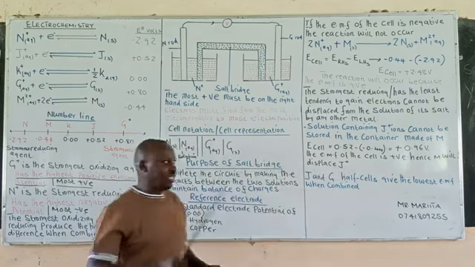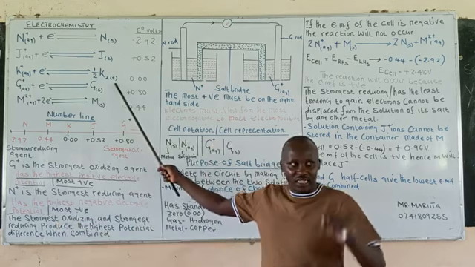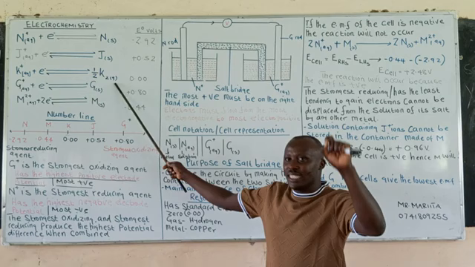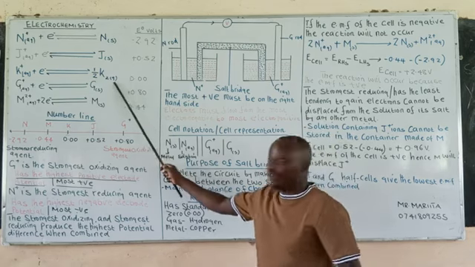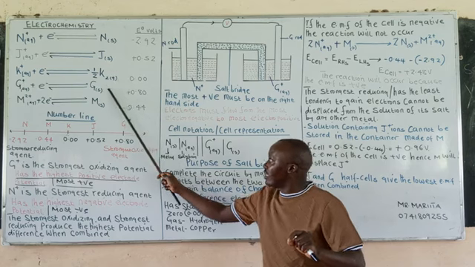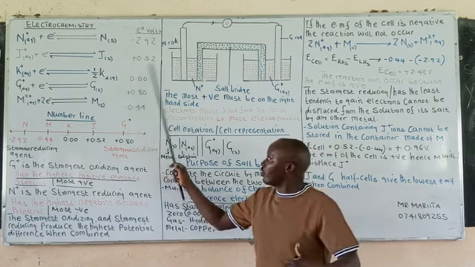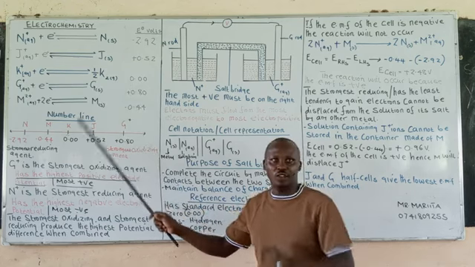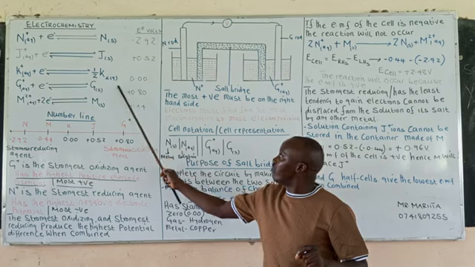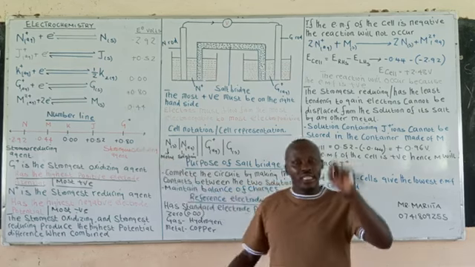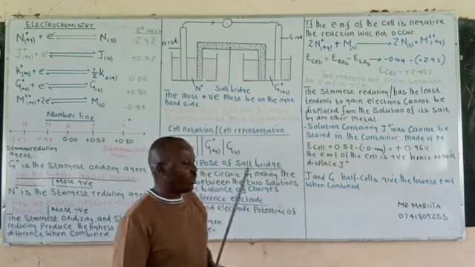Then another very important thing: when you check on this cell, if the state symbol given is a gas, then that element is likely to be hydrogen. So if you have been given a state symbol as a gas, then this reference element, which has a potential difference of 0.00, must be hydrogen. But when the state symbol is a solid, then that element is likely to be copper. So understand that very well.